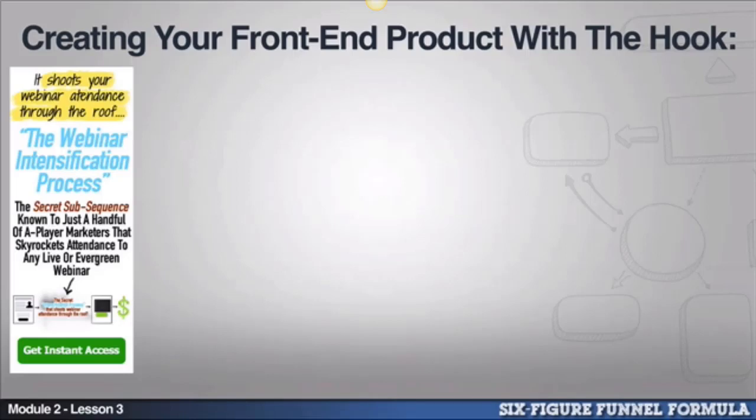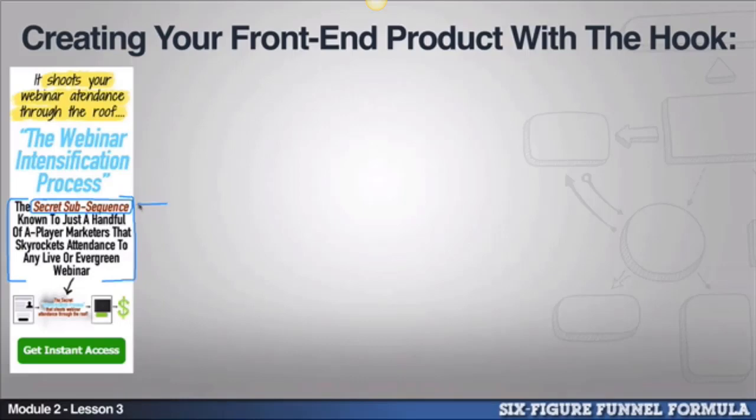Now, before I actually created the training, I crafted the marketing message, the sales message, and I started with the hook. And the hook in this case, as you can see, is really right over here. This is the entire hook, right? And so the hook is that there's a secret subsequence known to just a handful of A-player marketers that skyrockets attendance to any live or evergreen webinar. And so what you can see, looking back on our previous lessons, is that the secret subsequence is the unique mechanism, right?